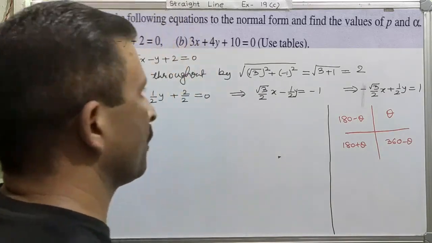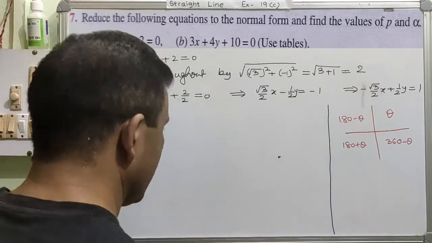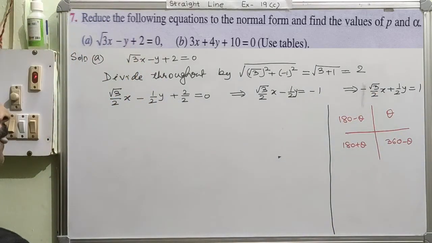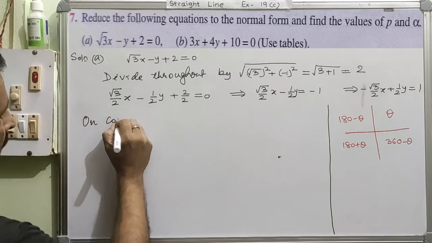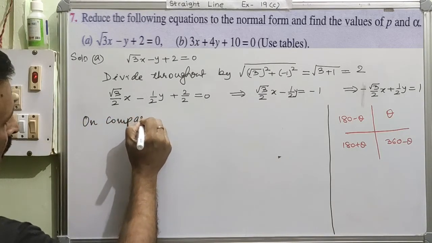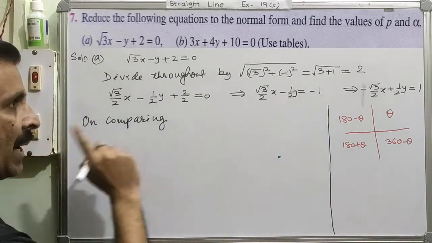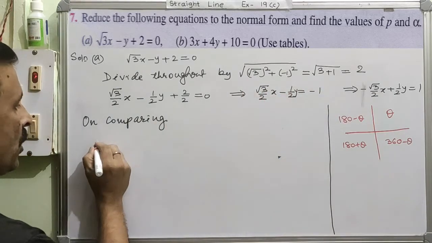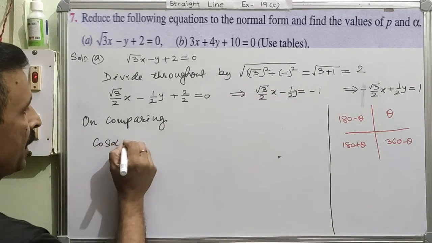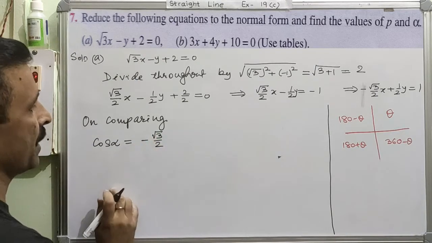So now we are going to find the angle. First of all we need to compare. Okay. So on comparing, you can compare this with the perpendicular form. So other than x, cos alpha is equal to, coming here, negative root 3 over 2, right?